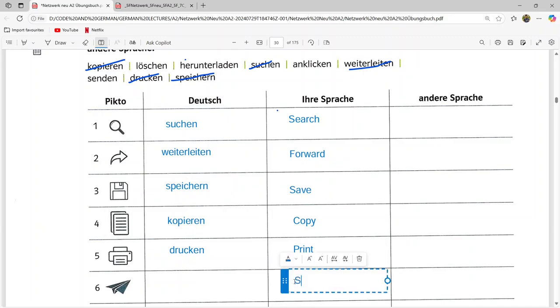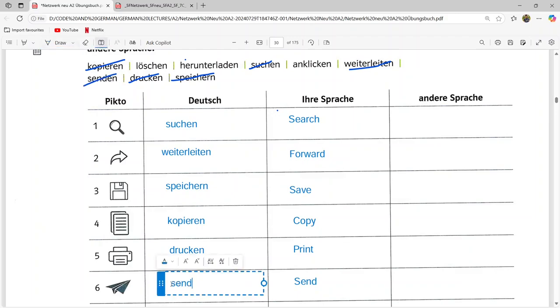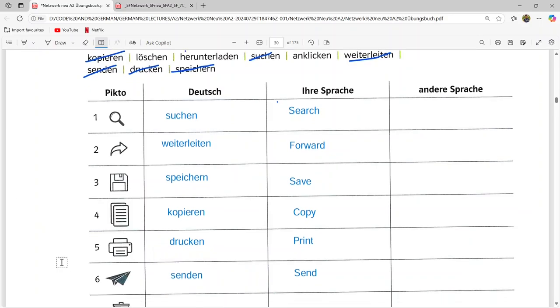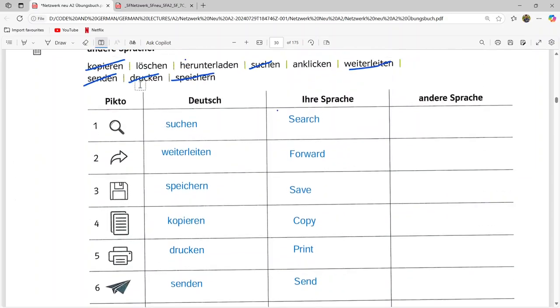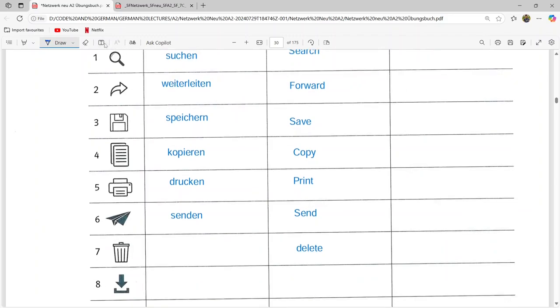So in English we say send, and in German we say senden, almost similar. Okay. Next one is to delete. In English we say delete. In German we say löschen.